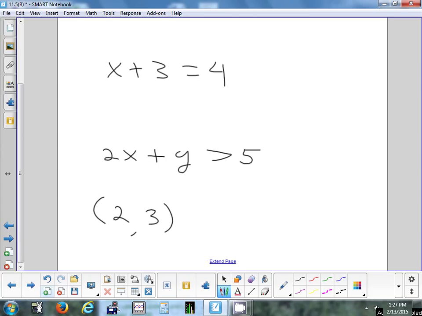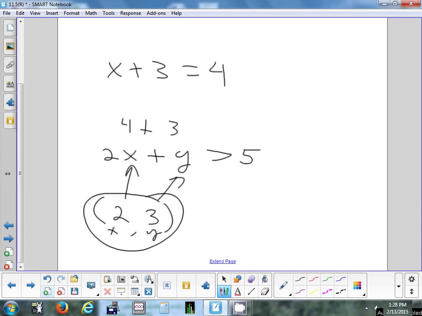Which one is x here? 2. Which one is y? 3. Watch what happens if you plug 2 in for x and 3 in for y. What's 2 times 2? 4. Plug y in, change it to 3. What's 4 plus 3? 7. Is 7 greater than 5? Yeah, this is one answer.